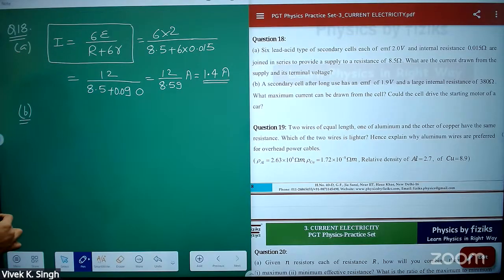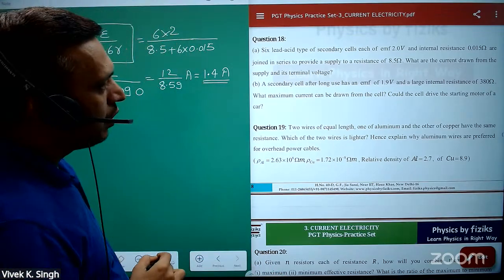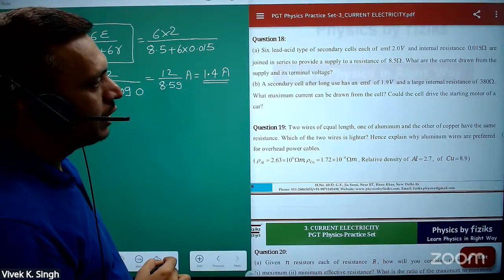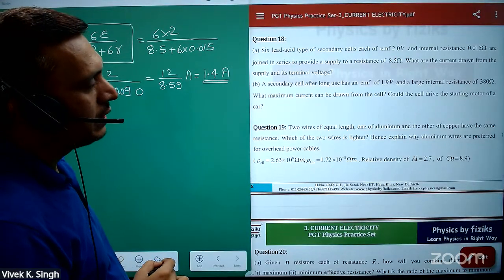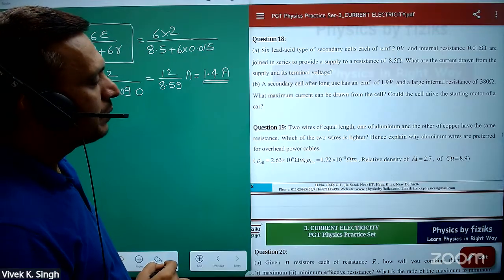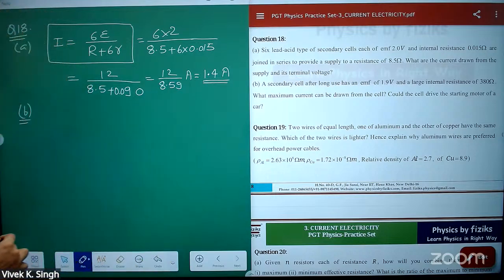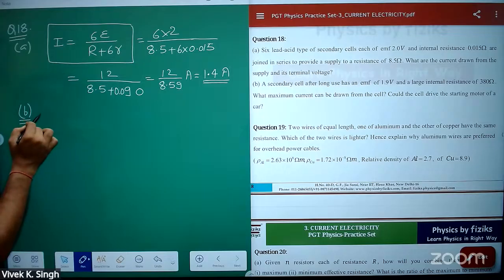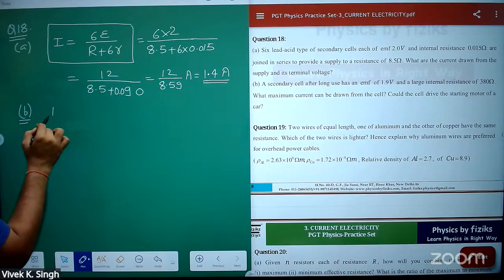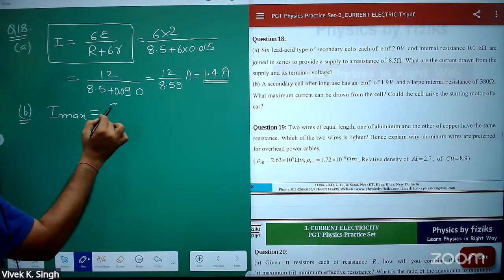In B part, a secondary cell after long use has an EMF of 1.9 volt and a large internal resistance of 380 ohm. What maximum current can be drawn from this cell? So this will be simply E by r.